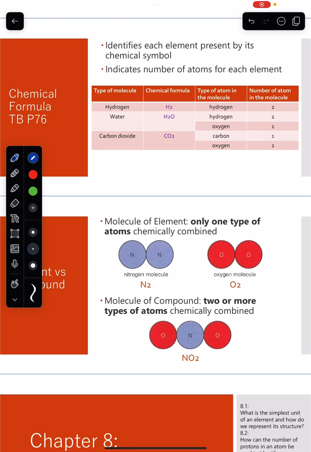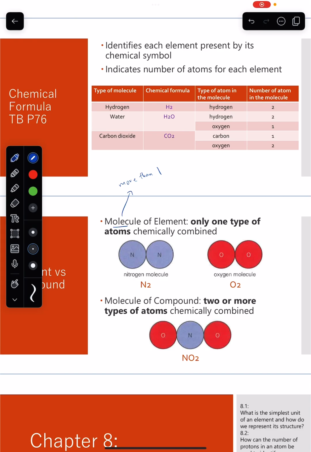Then you have your molecule of element. So I see the word molecule, I don't panic. Molecule means more than one. Then element means I should only have one type of symbol, to put it that way, one type of symbol.